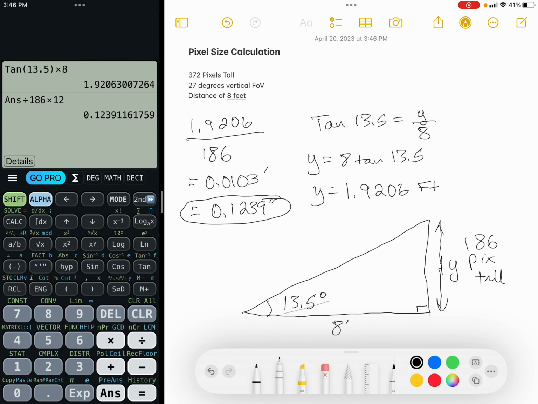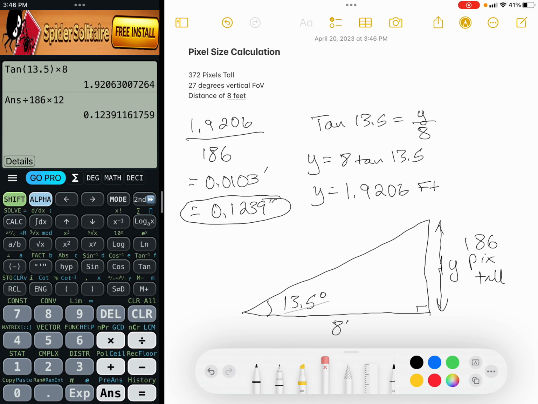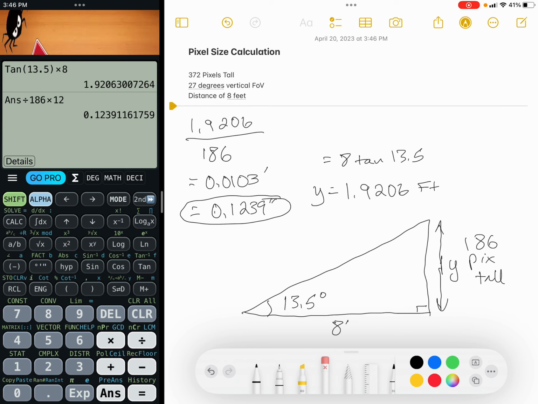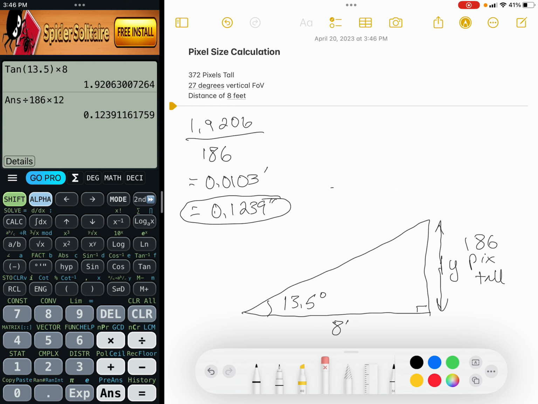The last thing we can do here, kind of an extension of that, is look at what's the smallest flaw that we're able to find. A reminder is that a flaw has to be covered by 9 square pixels.